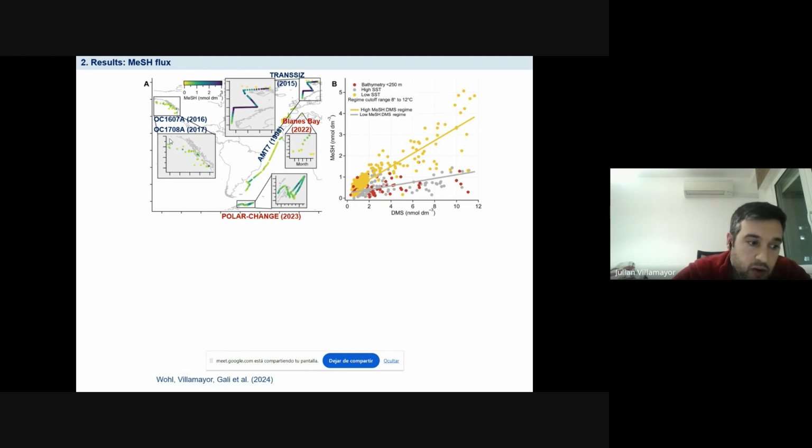This way, they found a strong correlation between the methanethiol and the DMS concentrations that was even improved, distinguishing two clusters of different oceanic regimes, depending on SSTs and the bathymetry. Broadly, they defined a high regime for open ocean and a low regime in regions of continental shelves or warm SSTs.